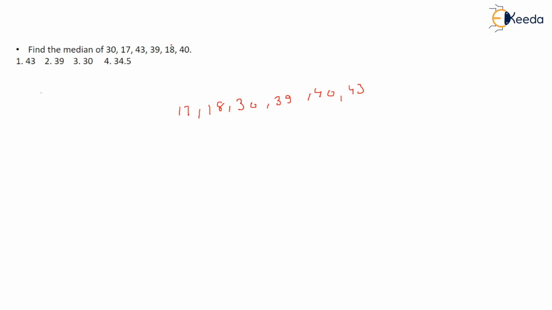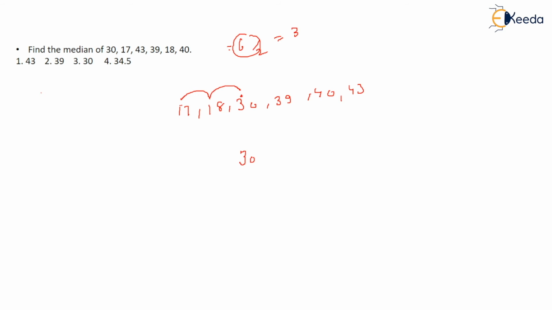So these are how many numbers? 6 numbers are there. So 6 is even number. For even number, what you have to do? You have to add two numbers. First is the number from starting, the middle one. So if you see there are 6 numbers, so middle will be what? 3, right? So 3 from starting, that is 1, 2, and this is 3.